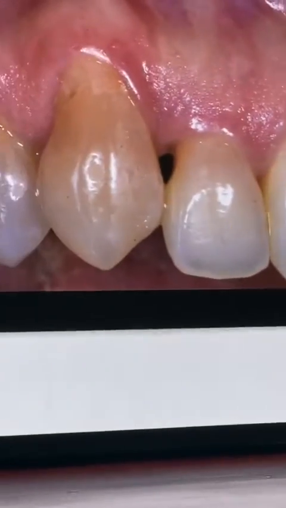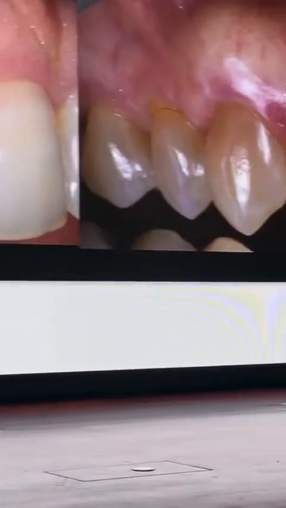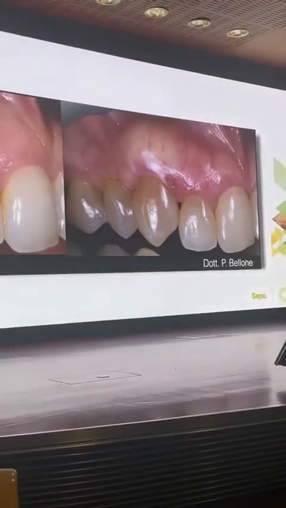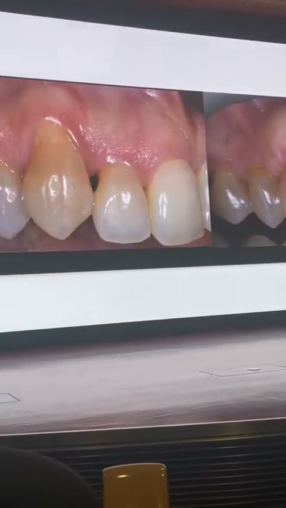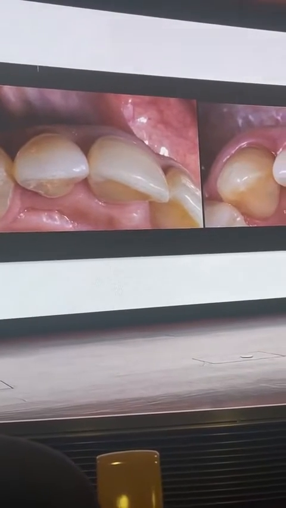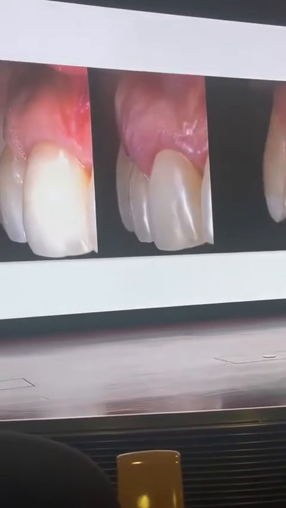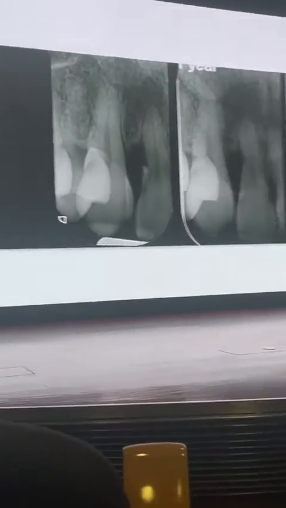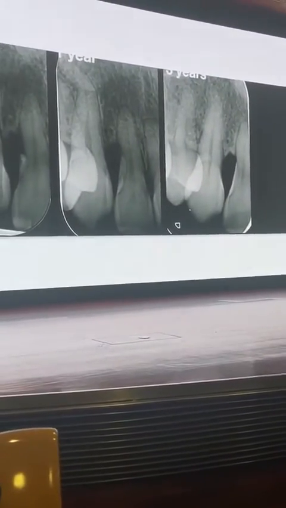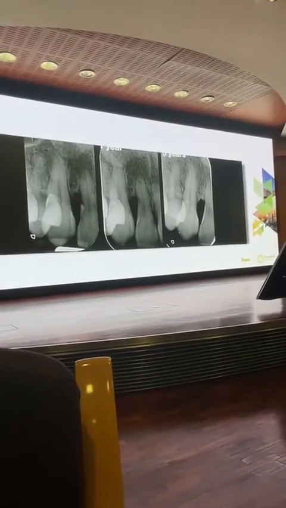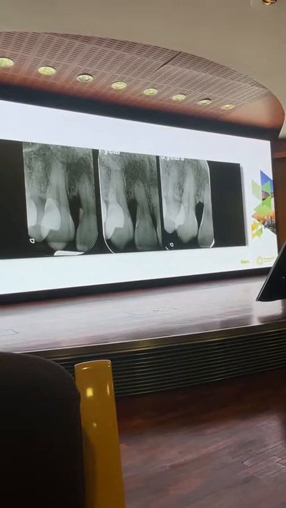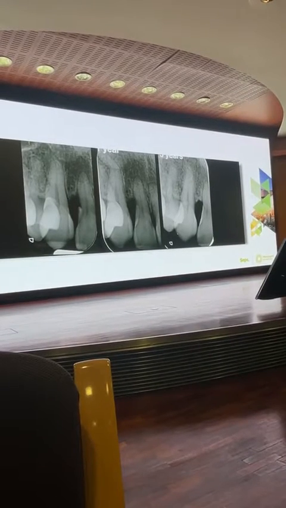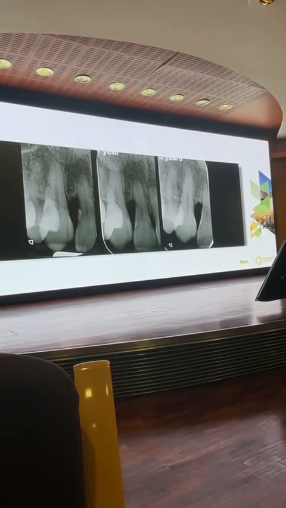We see that we get an improvement in the aesthetics, improvement in the coverage, improvement in the papilla area, together with a very, very good emergence profile of the composite restoration, and also very, very good radiographic reaction to our restorative and surgical phase, because everything was done following the biological principle of healing.